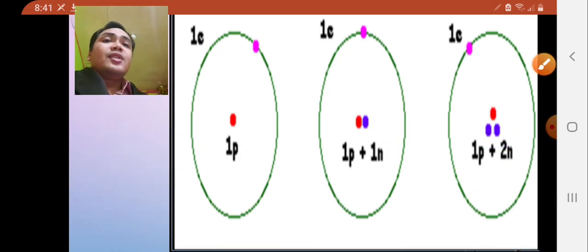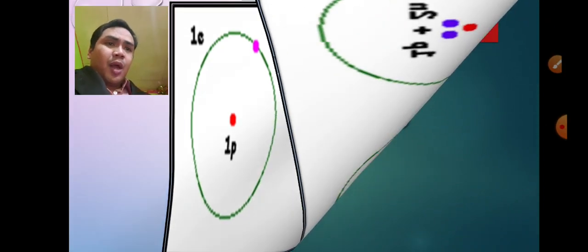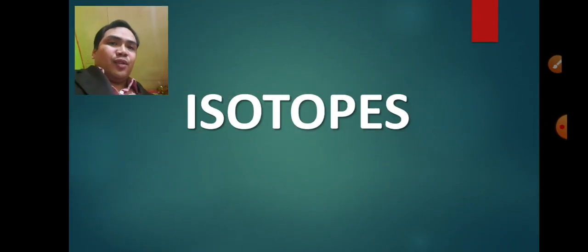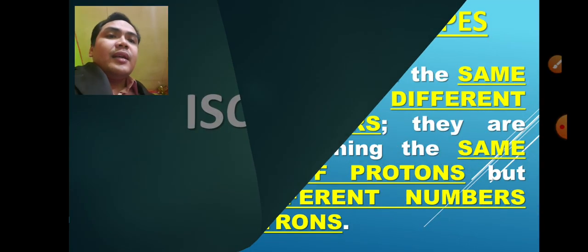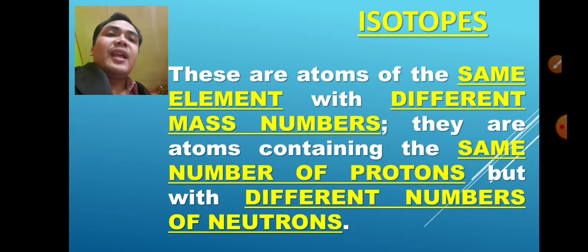Okay? So those elements that consist of the same number of protons with the different number of neutrons will be known as isotopes. Okay? So isotopes are identical to one another in terms of their respective identities. However, they differ in terms of the number of neutrons. Therefore, this will result to different mass numbers. So in conclusion, isotopes, these are atoms of the same element.